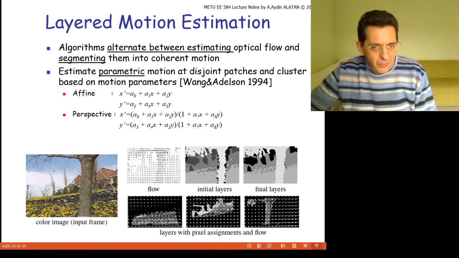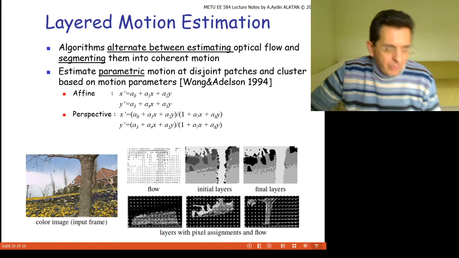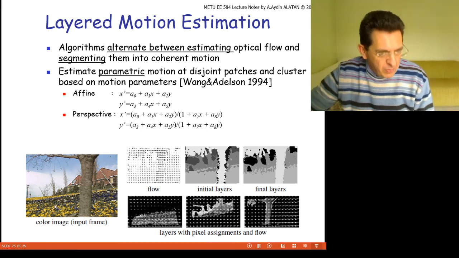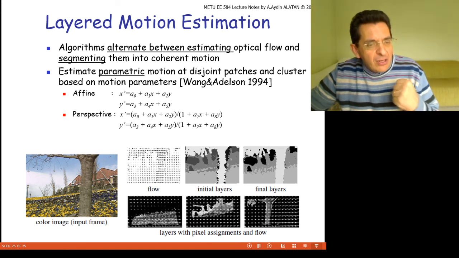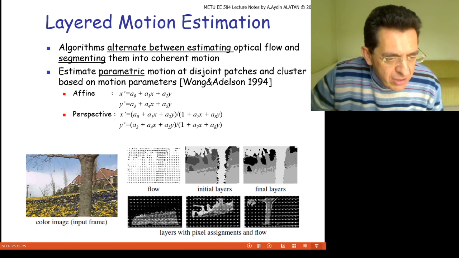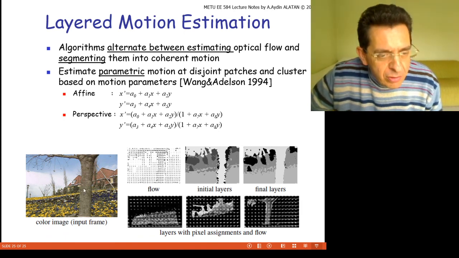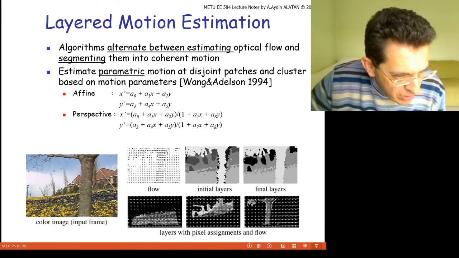Therefore, after the first step, after fitting a parametric form to the majority of the pixels, you will take those pixels and assume they are inliers and remove all the others. All the others are the ones on the trees, the ones on the sky, the ones on the houses.